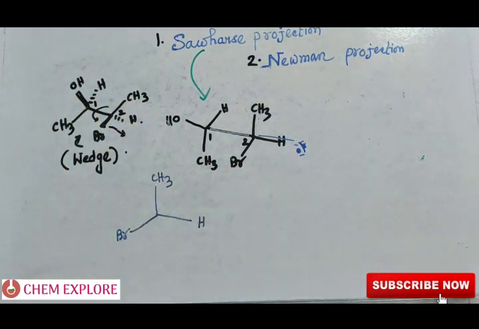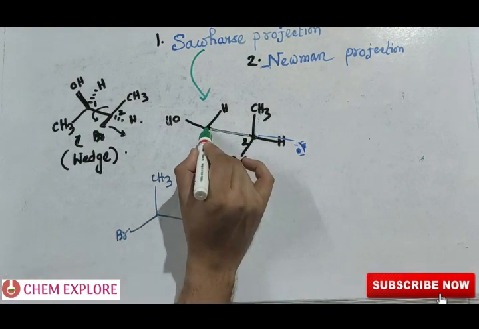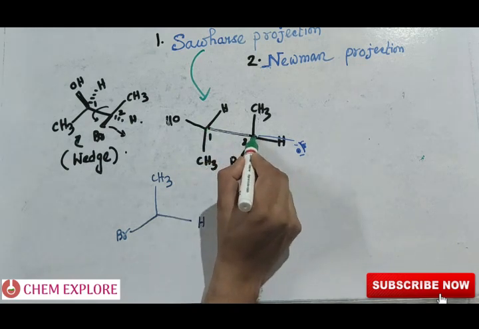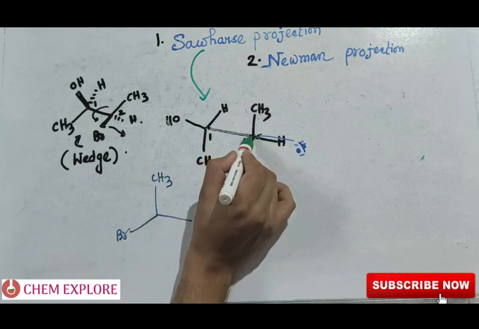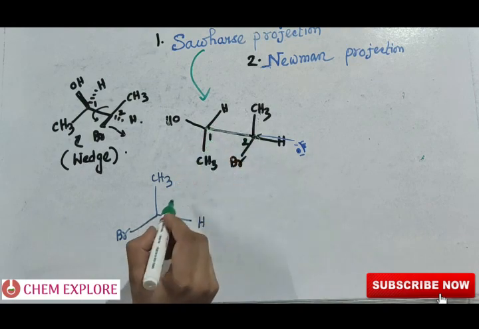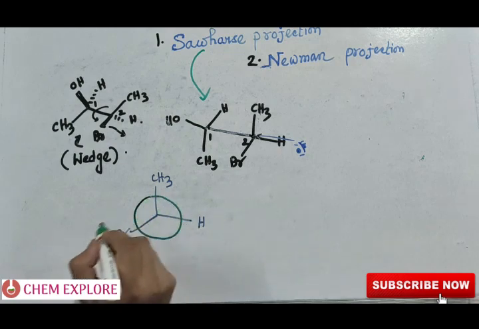Now when you're looking along this bond, you cannot see the back atom, right? There is a bond, you cannot see the back atom. Now what can you see in the back?